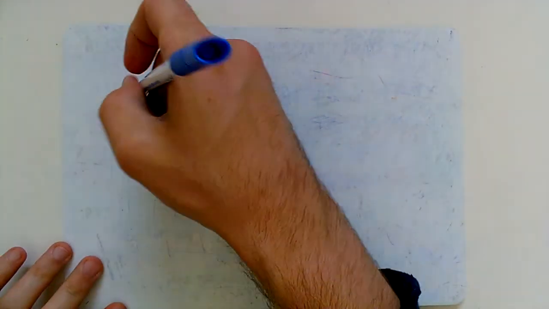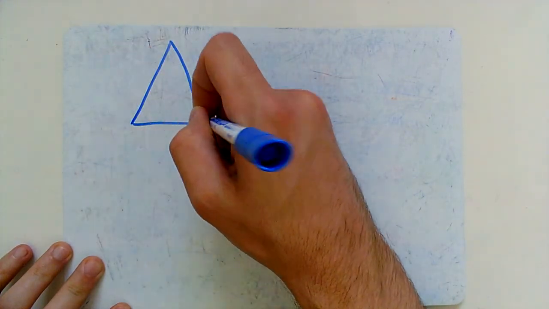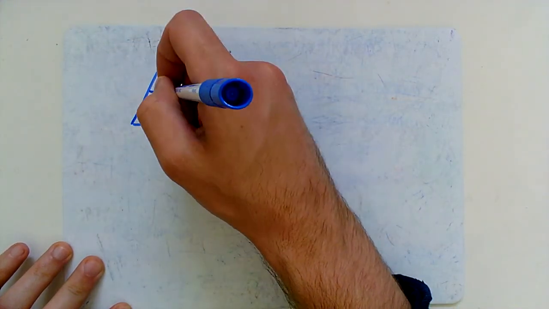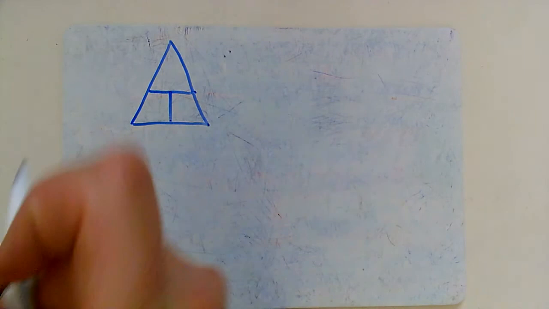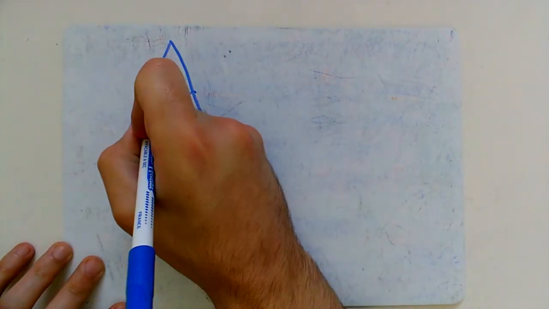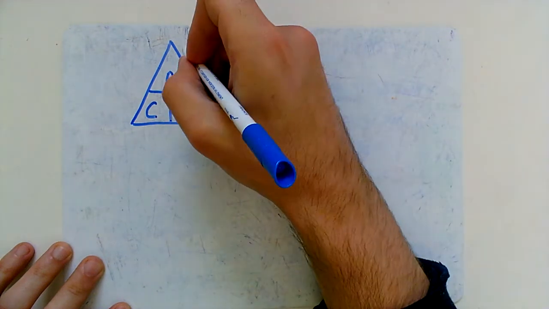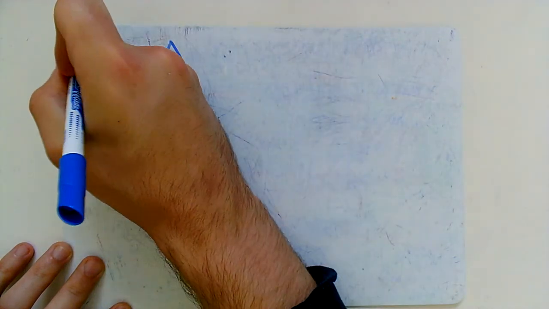Now, when it comes to concentrations and moles, we've got another triangle that we use. So this time, exactly the same as before, we've got N at the top this time. We have C here and we have V here. Now N is the same, that's number of moles.